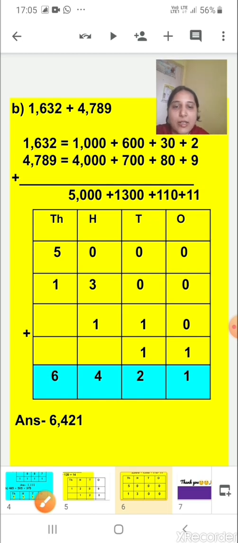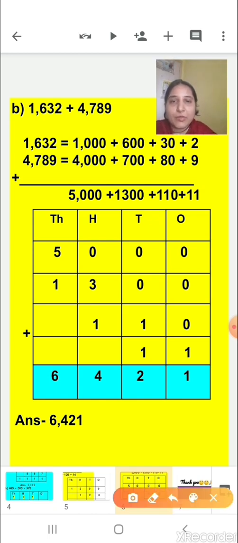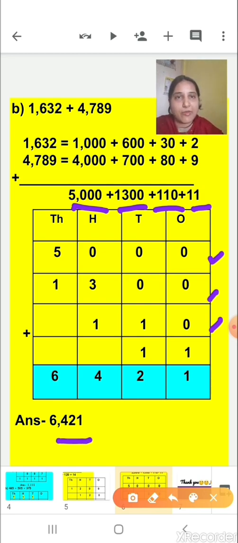Suppose there we had 5000. So first we wrote 5000 in the first column, then 1300. That we write just below that, then 110, and this 11. And then we added them and the sum obtained, we got it as 6421. So children, rest of the sums you will do in your homework.